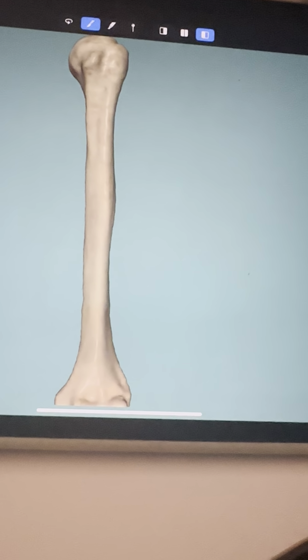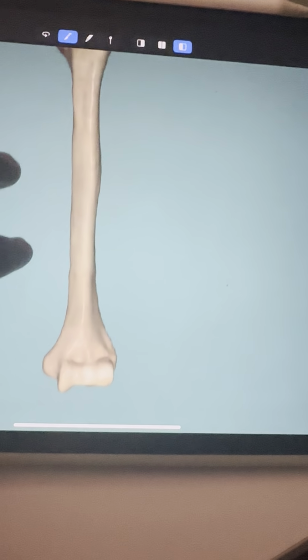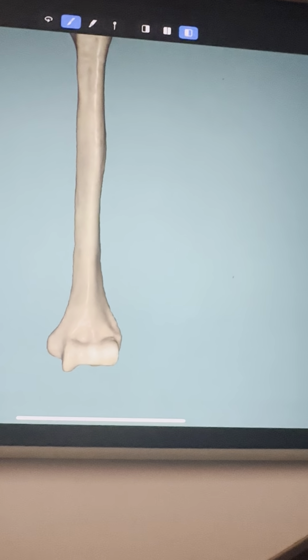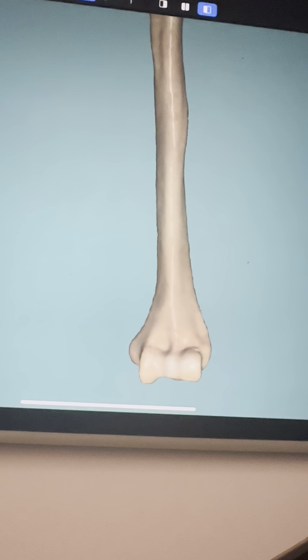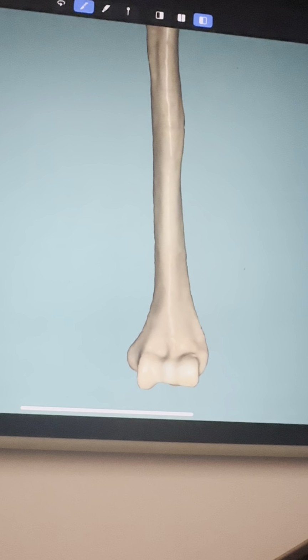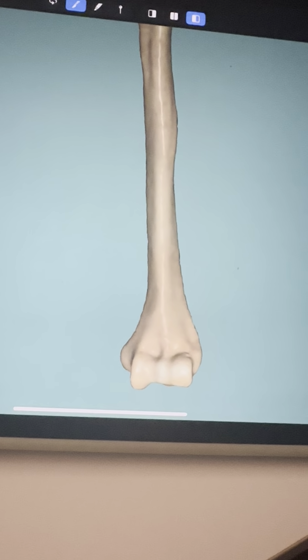The capitulum of the humerus articulates with the head of the radius. The trochlea articulates with the ulna.